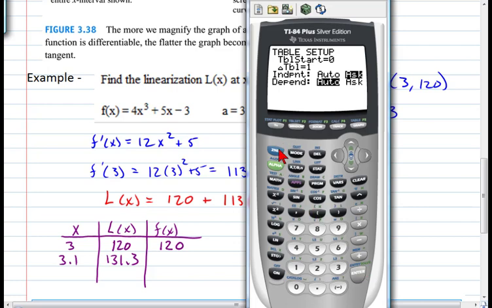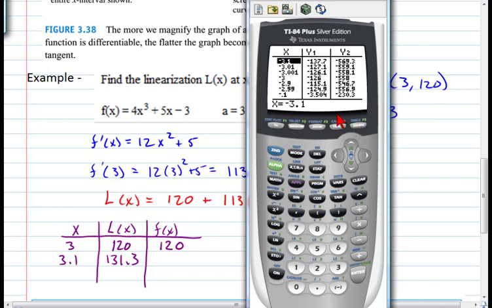So I think this is right. If x is 3, we got 120 for both. If x is 3.1, remember the first function I put in was the function f of x.